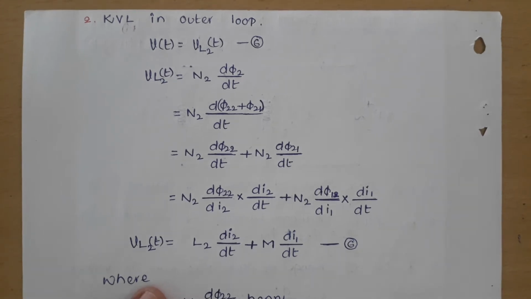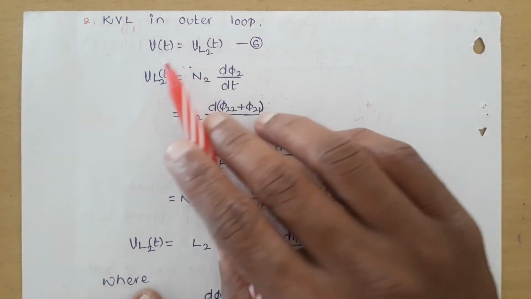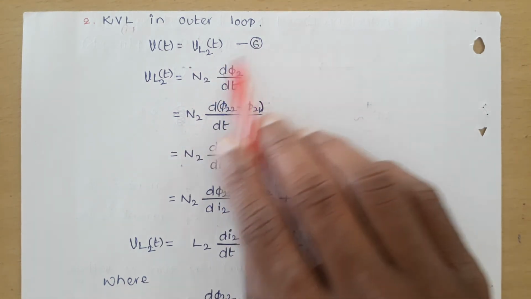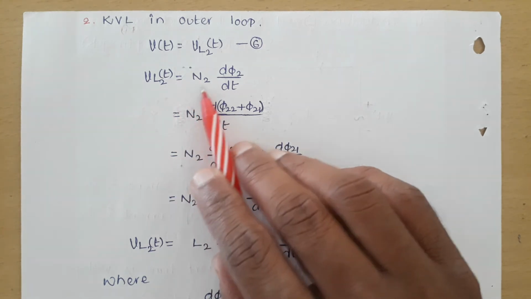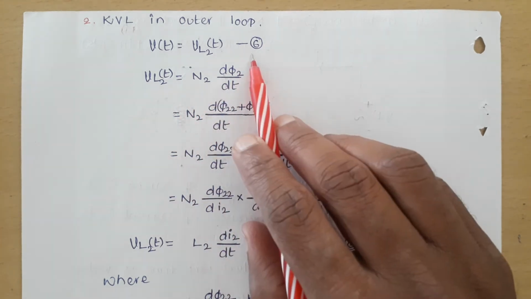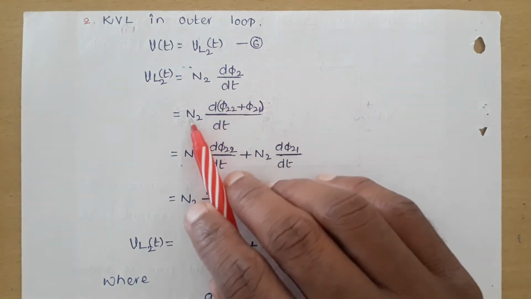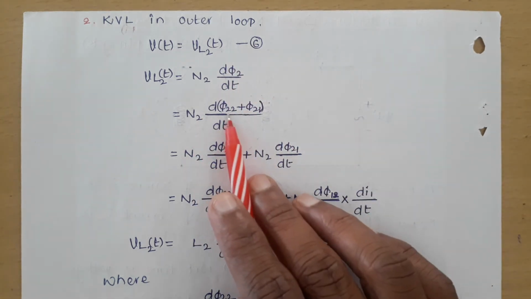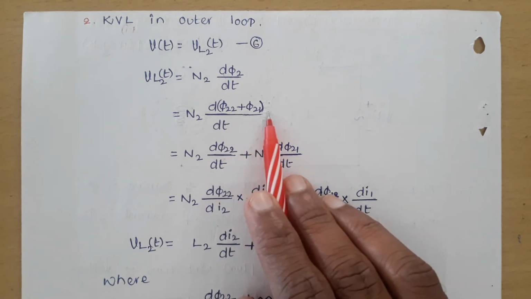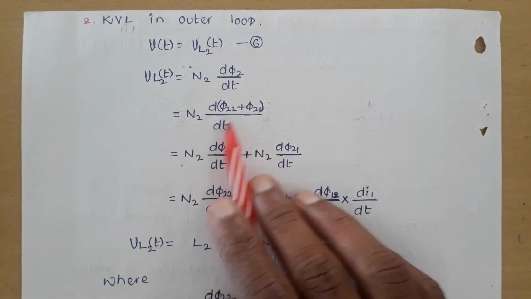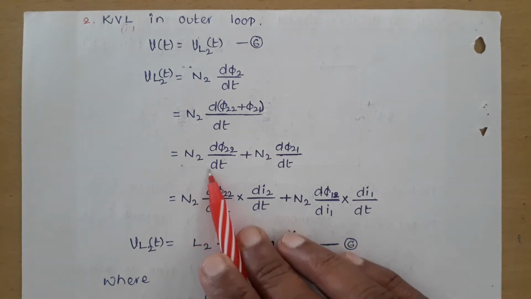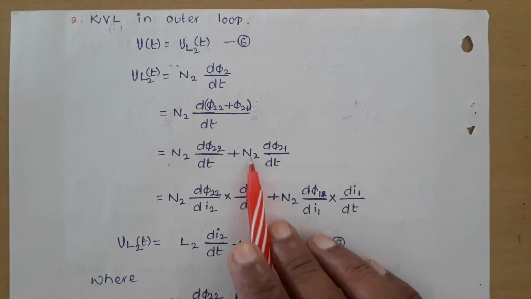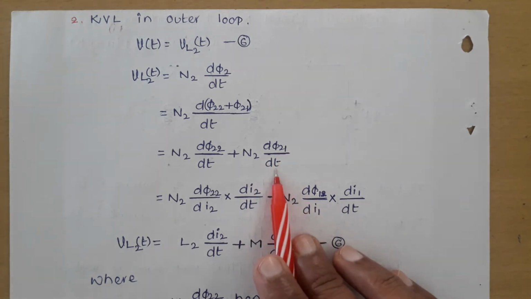In a similar manner, if you write KVL in the outer loop, V of t equals VL2 of t. Taking this as the sixth equation, VL2 of t equals N2 dφ2 by dt. Here φ2 has two components, φ22 plus φ21. So taking d by dt of these components, N2 dφ22 by dt plus N2 dφ21 by dt.